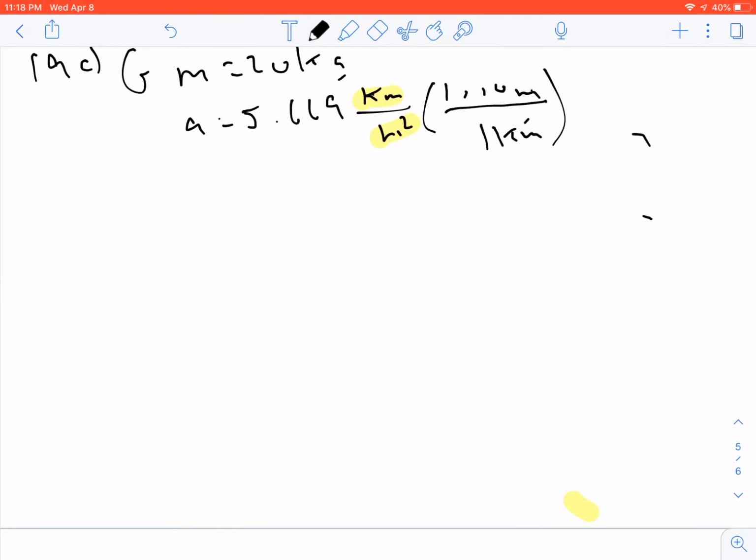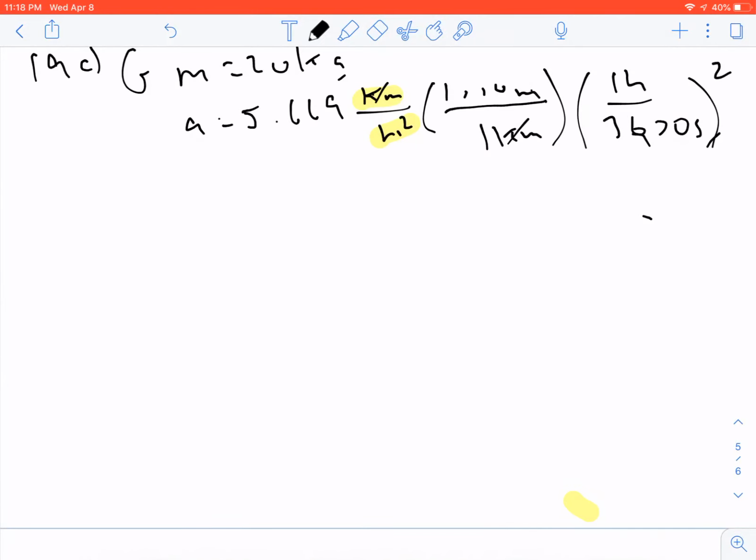And my kilometers bottom and top cancel. And I know that 1 hour is 3,600 seconds, or 60 times 60. Oh, but I've got hours squared, so I'm actually going to have to take this whole thing and square it. So now I have hours squared on top and 3,600 squared on the bottom.